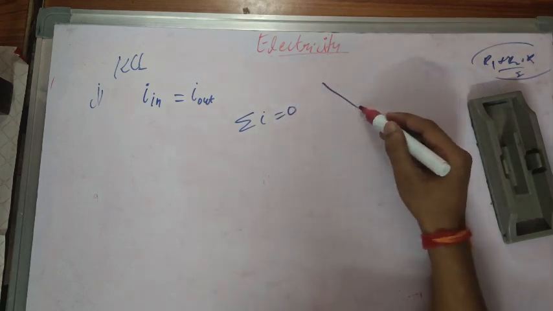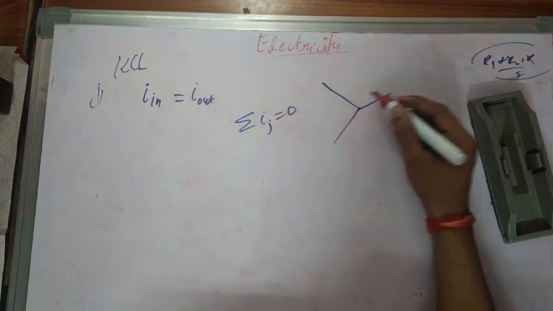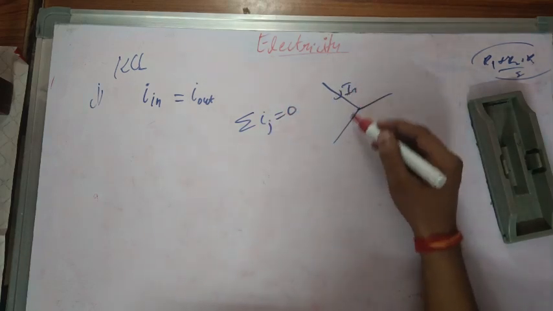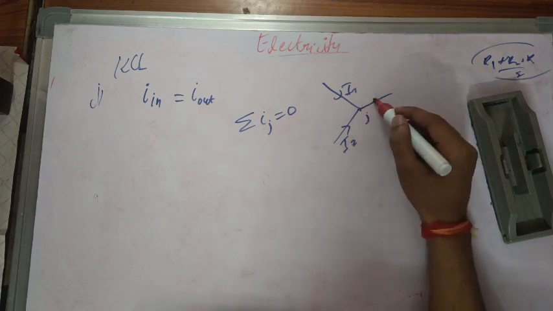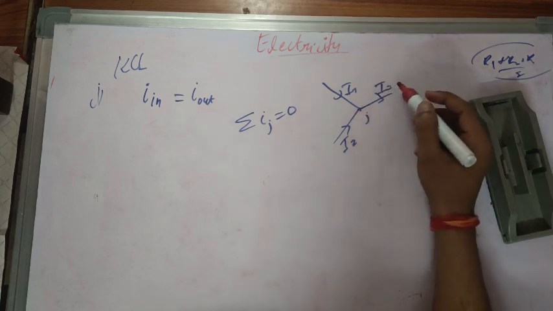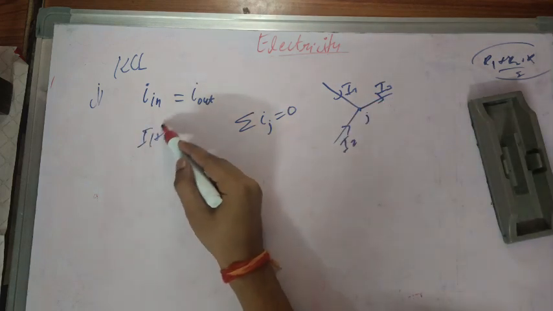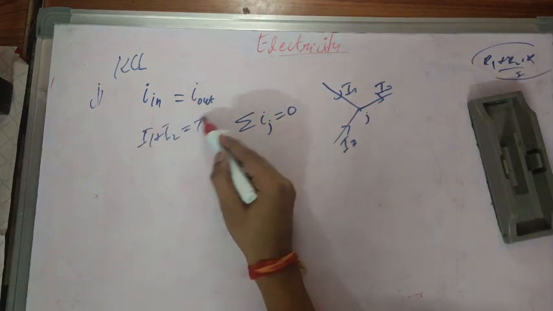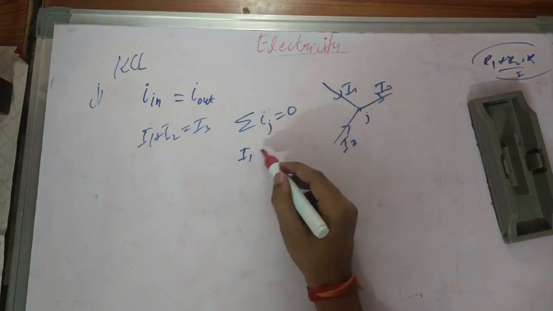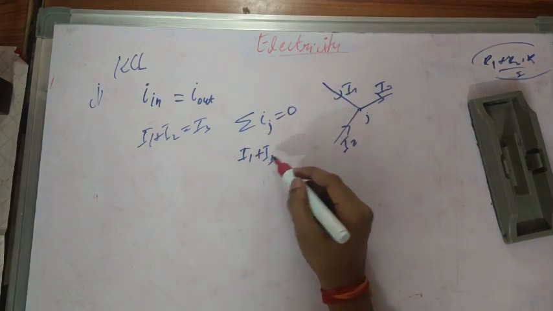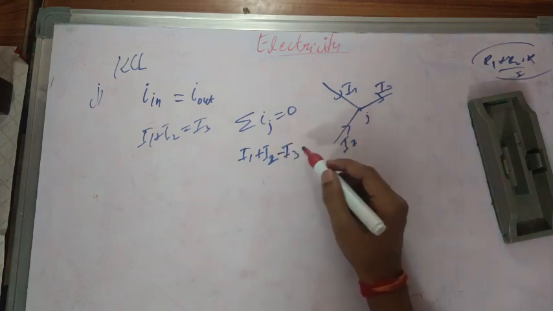Let's say at any junction, some I1 current is going inside, I2 current is going inside at this junction point, and some I3 current is going outward. Then I1 plus I2 would be equal to I3. Or I can say that I1 is going in, I2 is going in, and I3 is going out, so it will be taken with a negative sign.